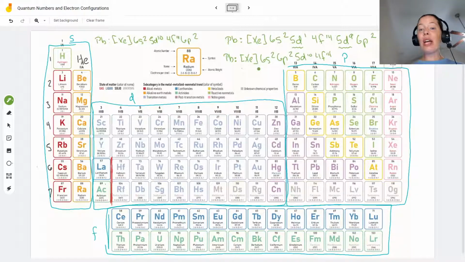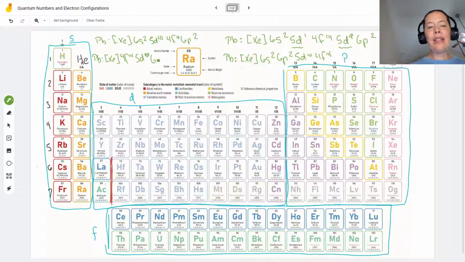And other times, instead of counting 6, 5, 4, you'll count 4, 5, 6. So there's one more. I'm really running out of space. Maybe I can squeeze it in over here. You might also see it written as 4f14, then 5d10, that is a 10, then 6s2 and 6p2.